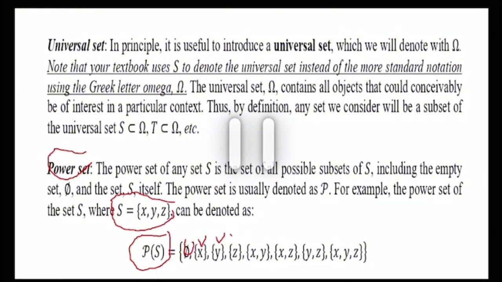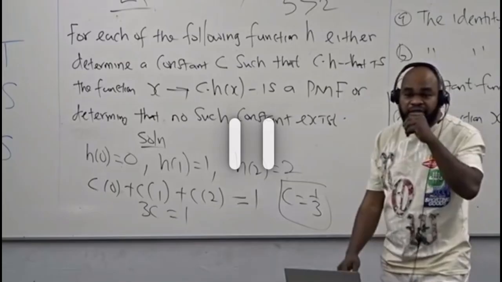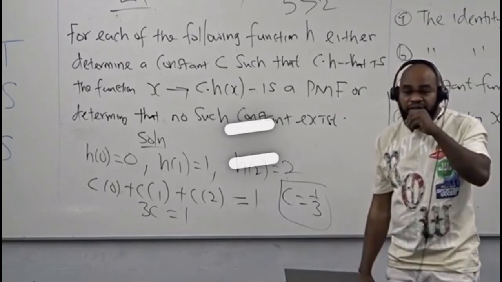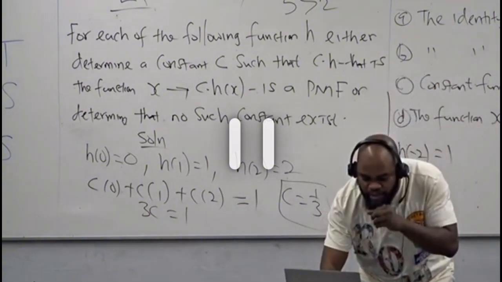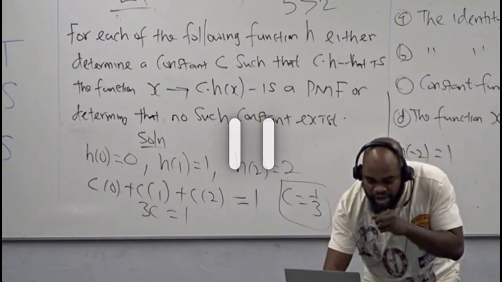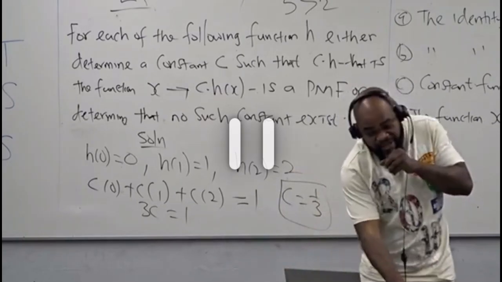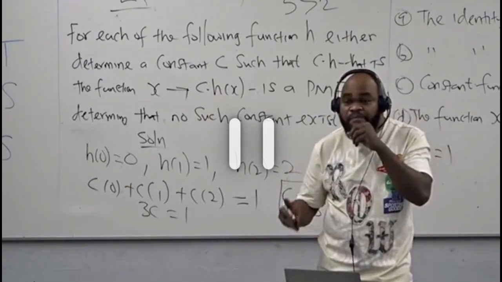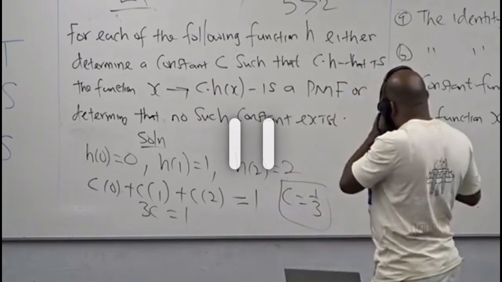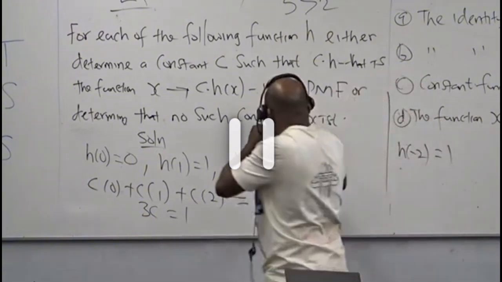Then I'm also going to have the entire sample space. Take a look at that. Can you see that? We have a formula for this. Please pay attention. Now, if I really want to know the number of elements I'm going to have in the power of a set, I'm going to give you the formula right now.